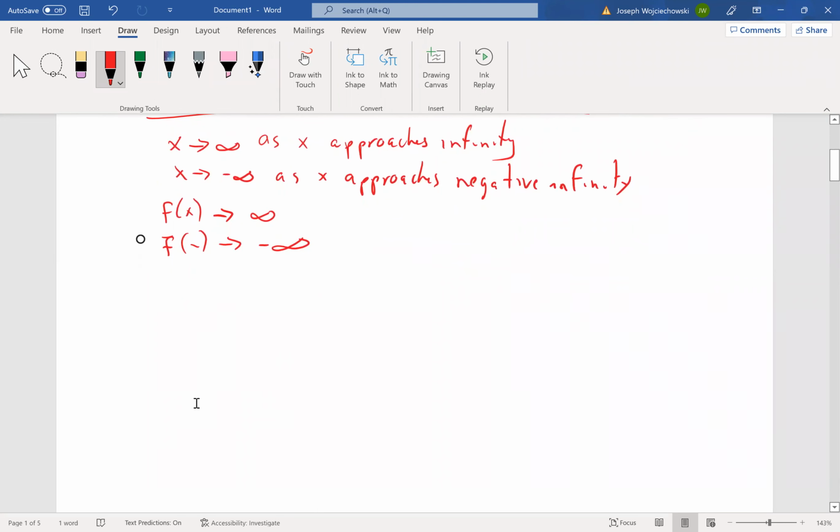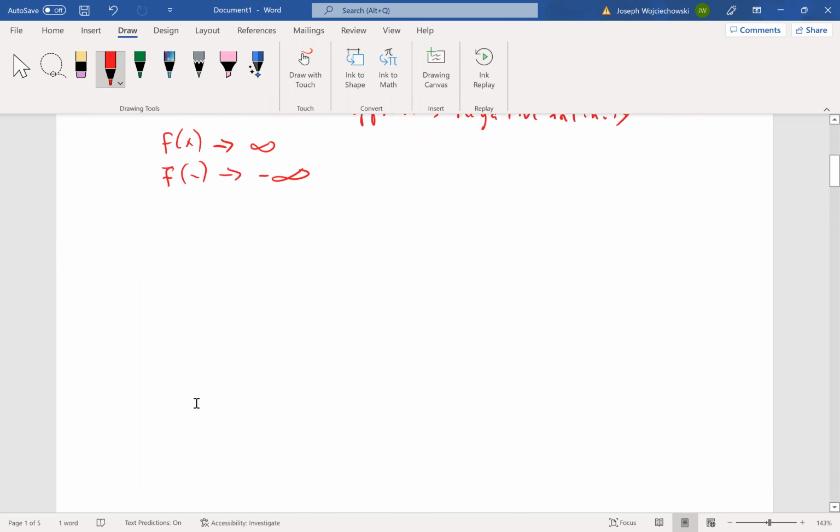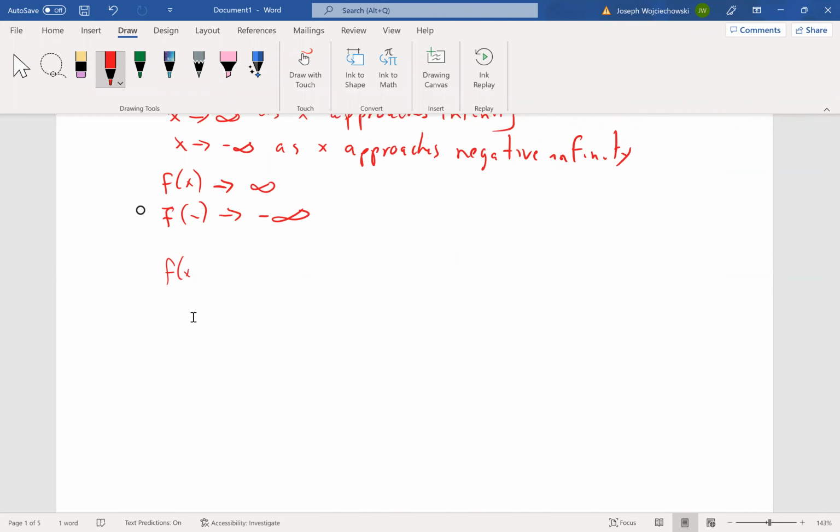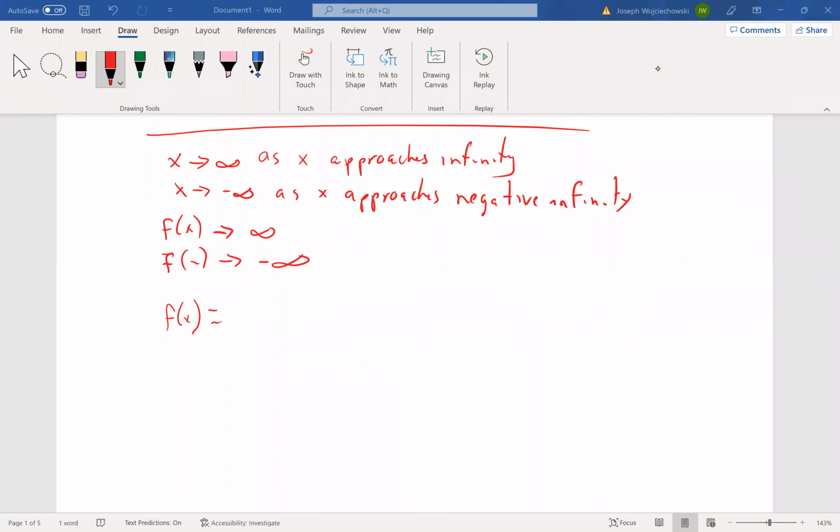So let's talk about something called the leading term test. So consider a polynomial function, again given by f of x equals a sub n x to the n plus a sub n minus 1 x to the n minus 1 all the way to a sub 1 x plus a sub 0.